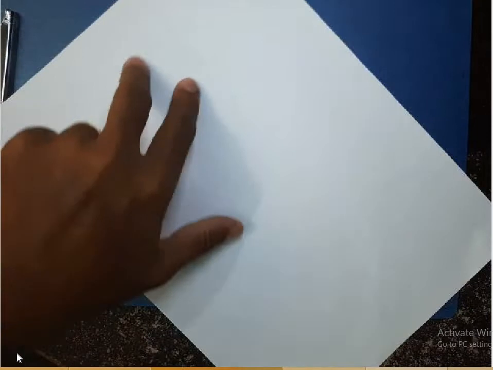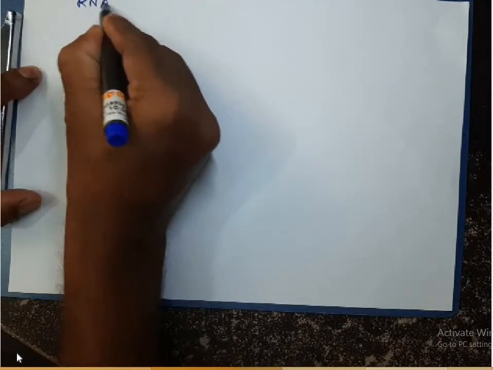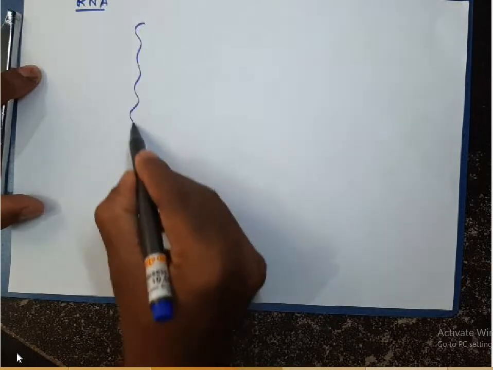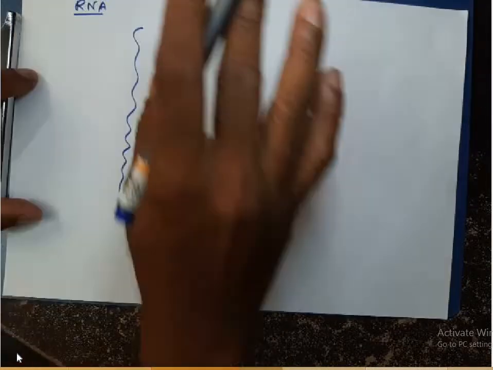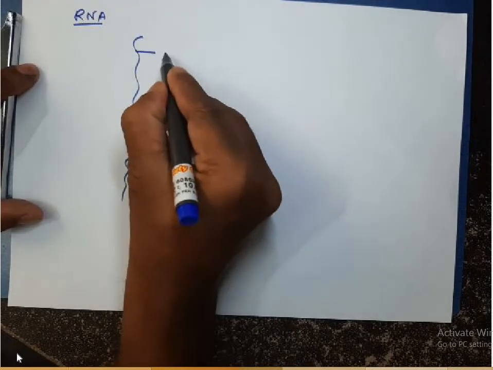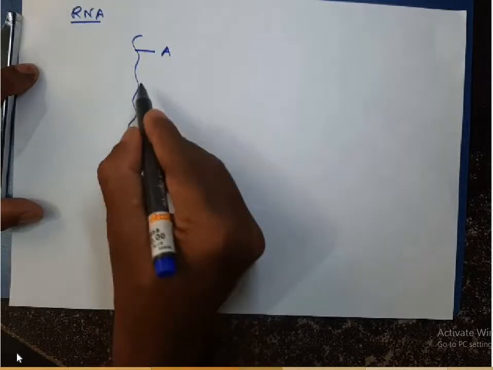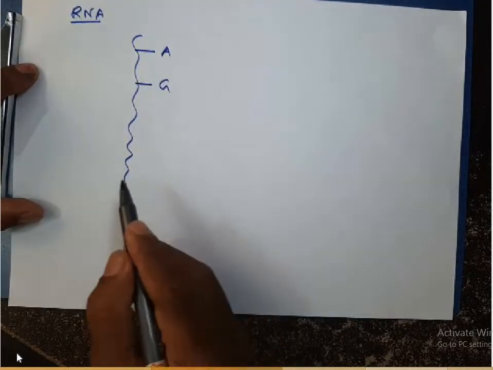So, if I write a polynucleotide chain like this, just for understanding purpose, students, look carefully. Suppose I take RNA. In RNA, I'll write a polynucleotide chain like this, right? The first nucleotide contains some base, maybe adenine. Second may contain guanine.